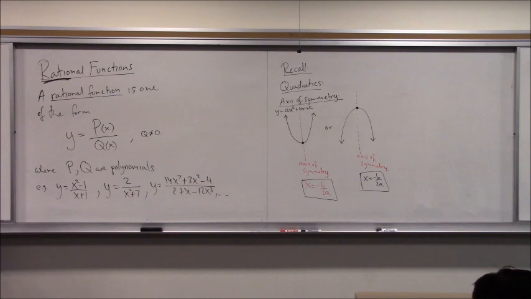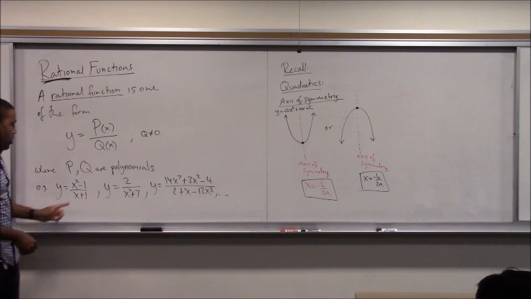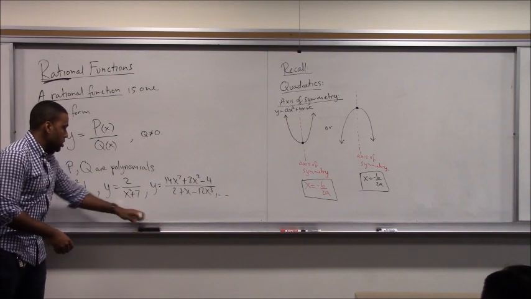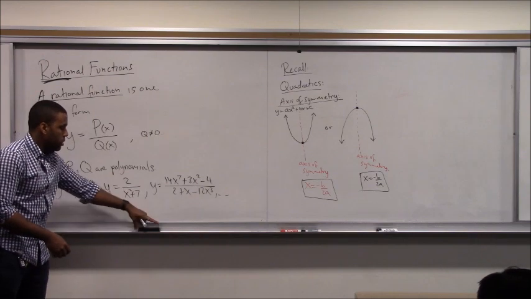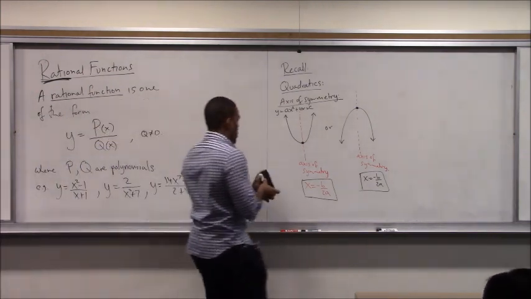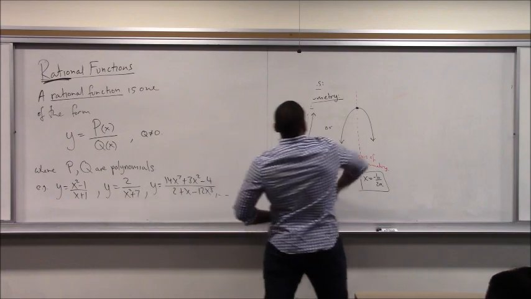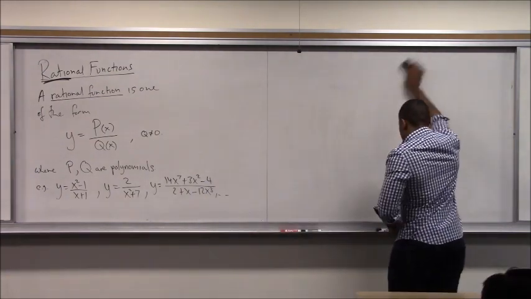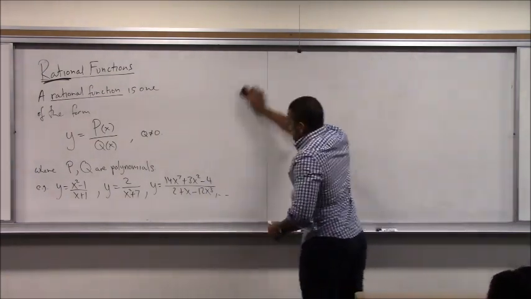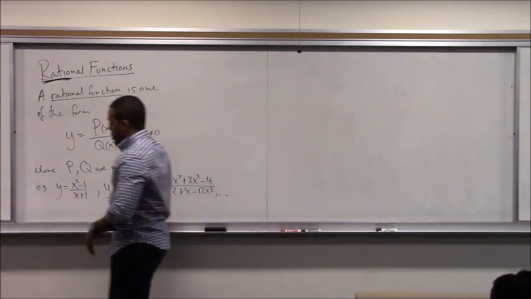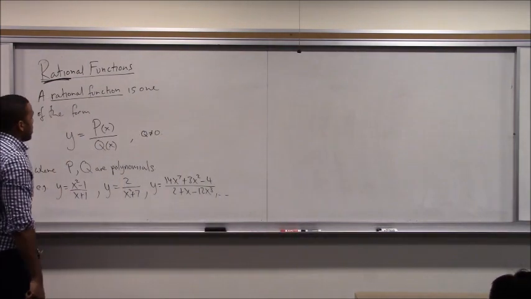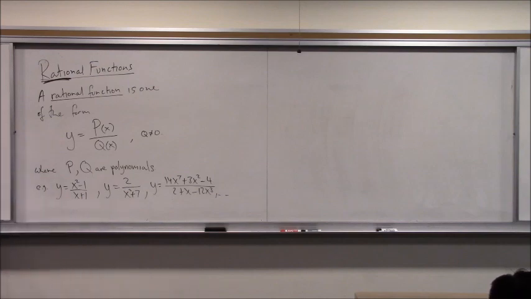They are defined for all real numbers except the ones that make the denominator 0. So this one, for example, is defined everywhere. So these are rational functions. Now we're going to talk about their behavior a lot more in the coming sections.